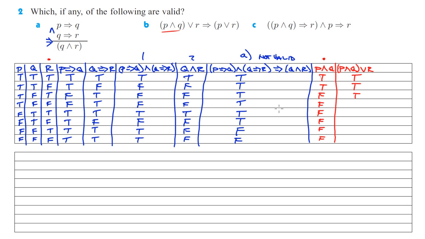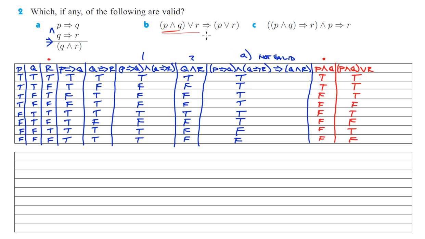So false, false is false. True, false is true. False, true is false. True, false is true. And false, false is false. Okay, so that's this whole thing here now.